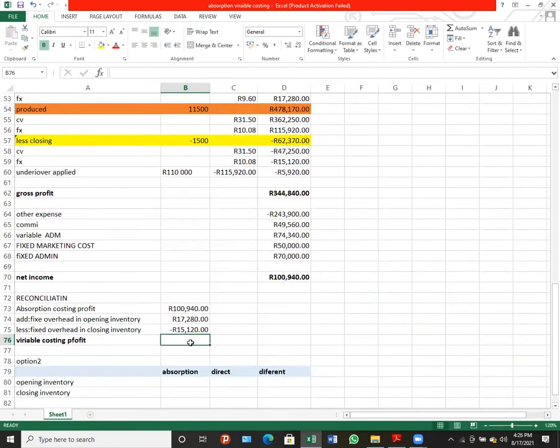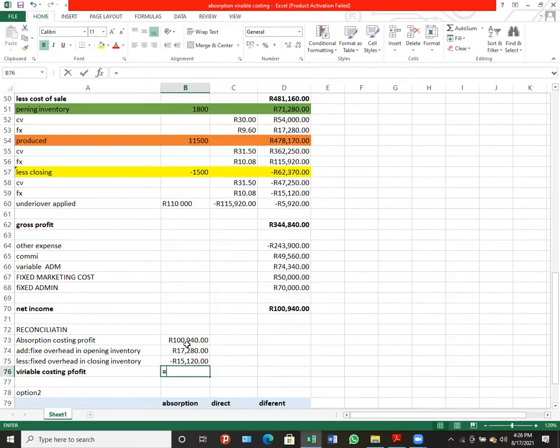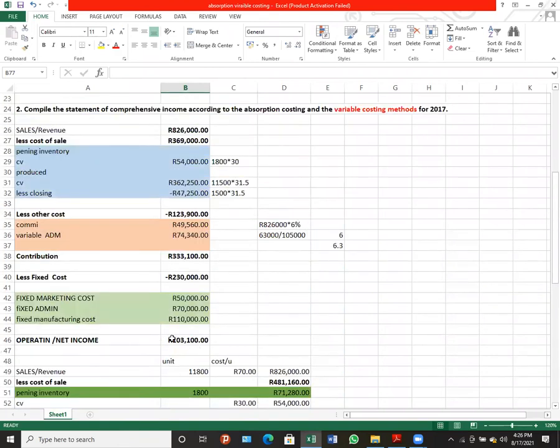And then here, guys, if we take this plus this minus this, we should get the profit of the direct or variable costing statement. You still remember this one, guys?